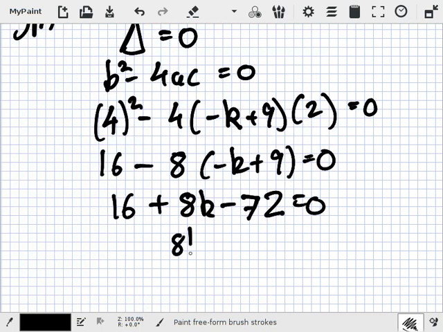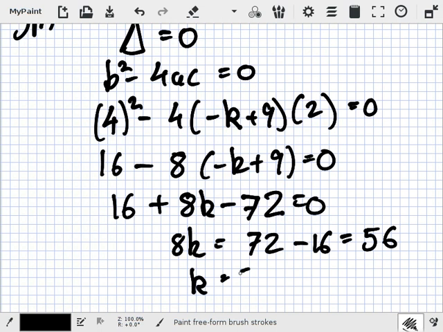So I get 8k equals 72 minus 16. What's that? 56, is it? Yeah? So then k will equal 56 over 8. What's that, 7? So k is 7 in this one.